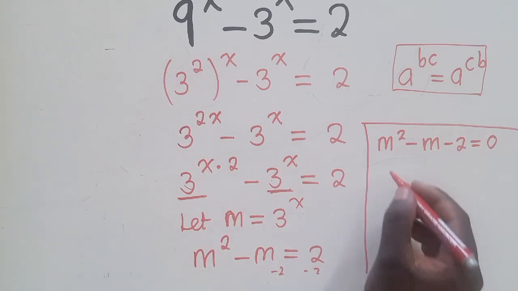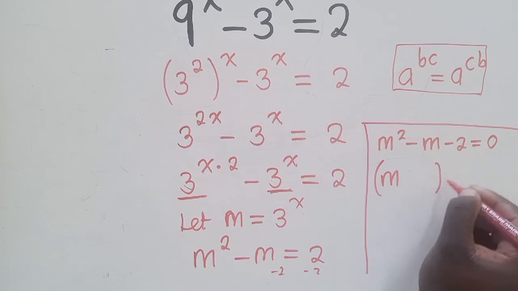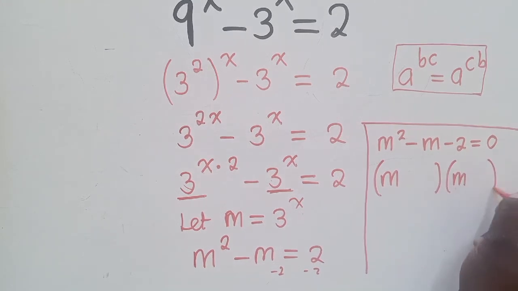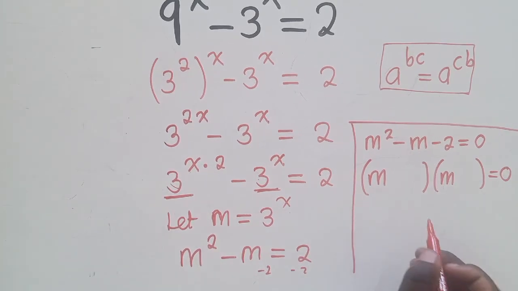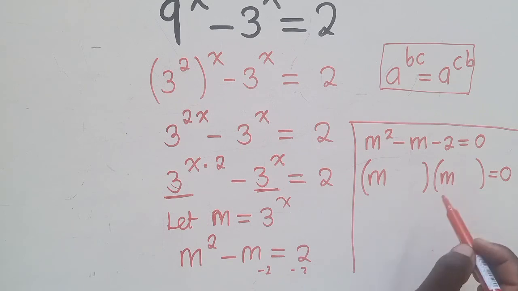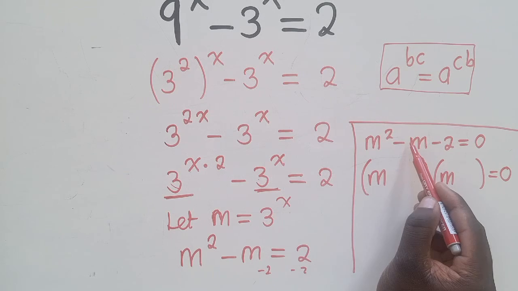From this stage, we're going to say (m )(m ) is equal to 0. So we think of two numbers such that when we multiply them, they give us negative 2, and when we add them, they give us negative 1.